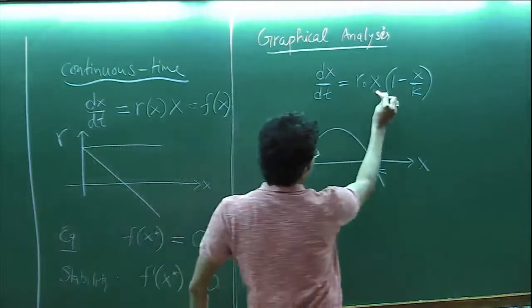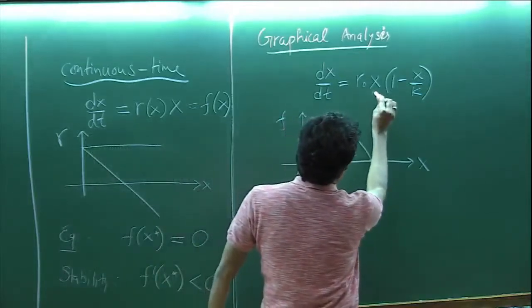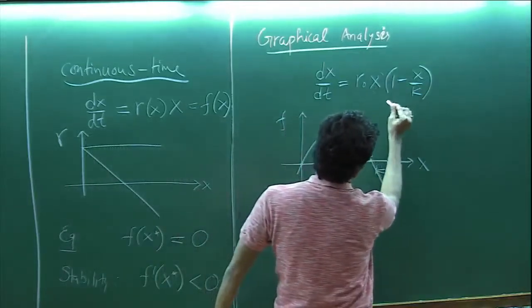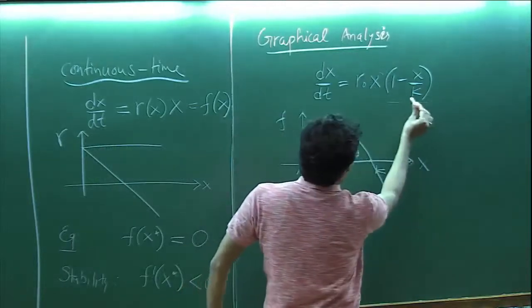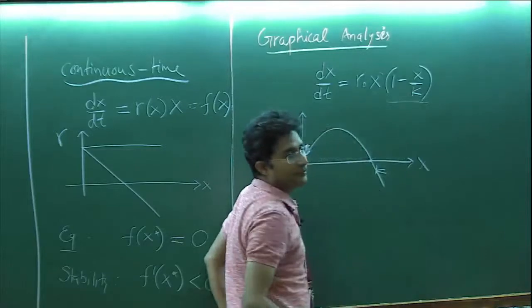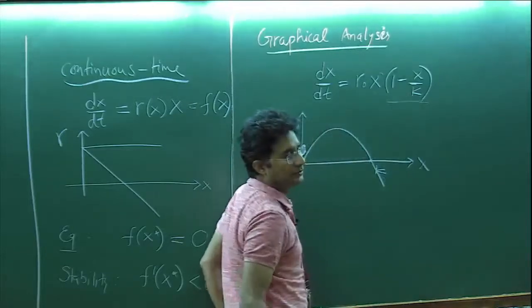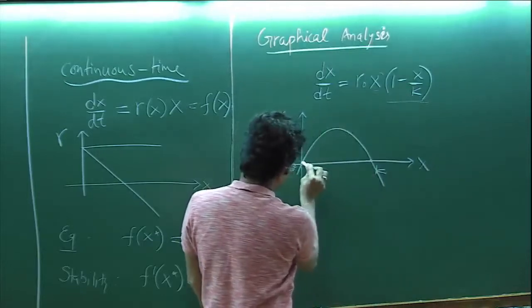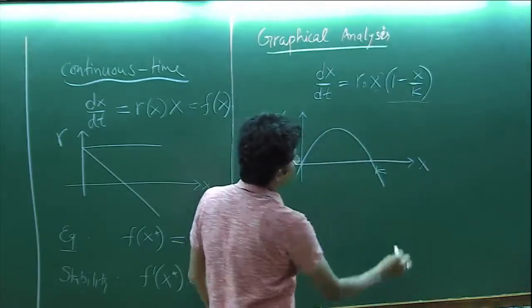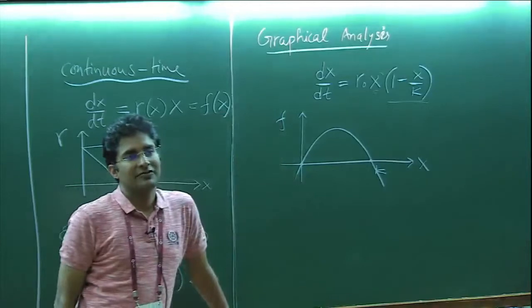It is 0 when x is 0. When x is between 0 and k, this is positive, so both factors are positive. When x is very, very large, this term becomes negative, therefore it's a negative value. When x is negative, of course, this becomes negative, therefore this is negative again. And it's a symmetric function of this type.